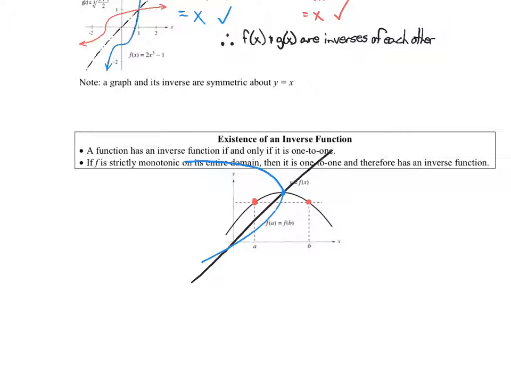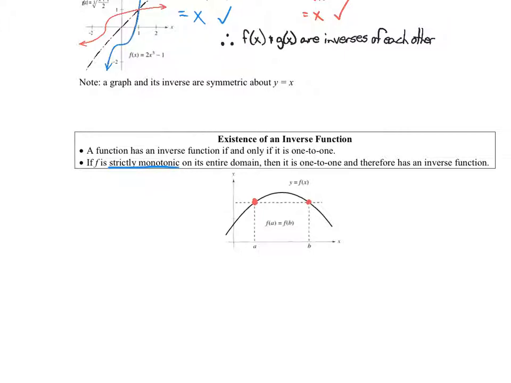But in order for it to be an inverse function, we have to have a one-to-one function. And that's where we get this term we talked about a while ago. It's been a while since we've really talked about this term, but strictly monotonic. What does that mean again? It doesn't have a point of inflection.